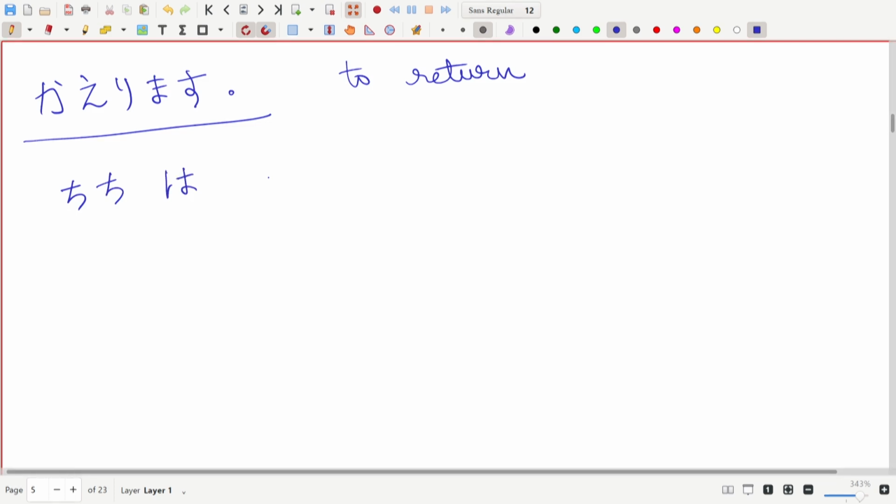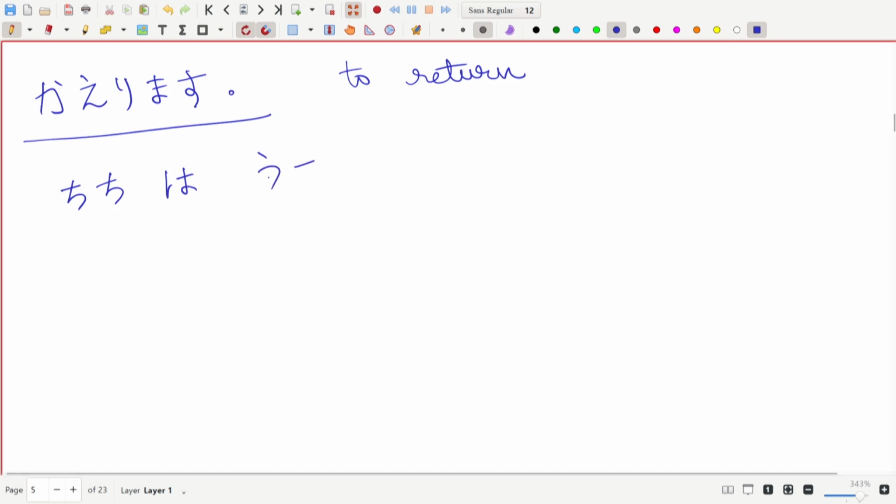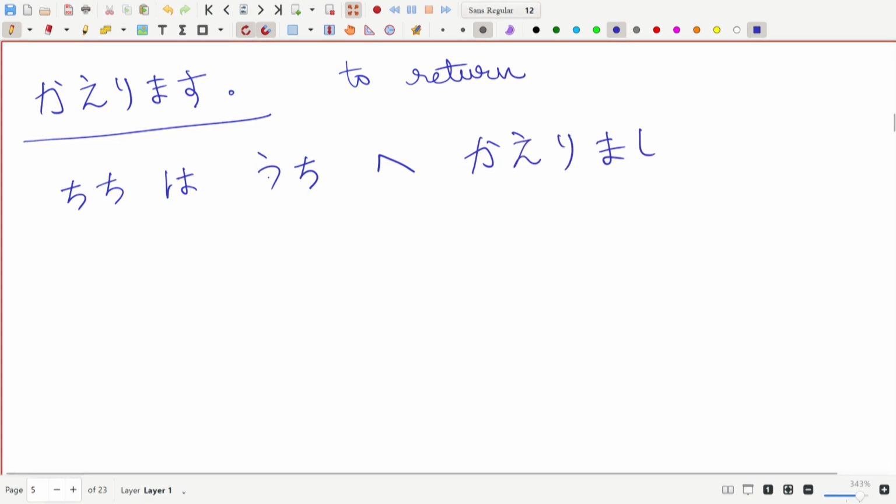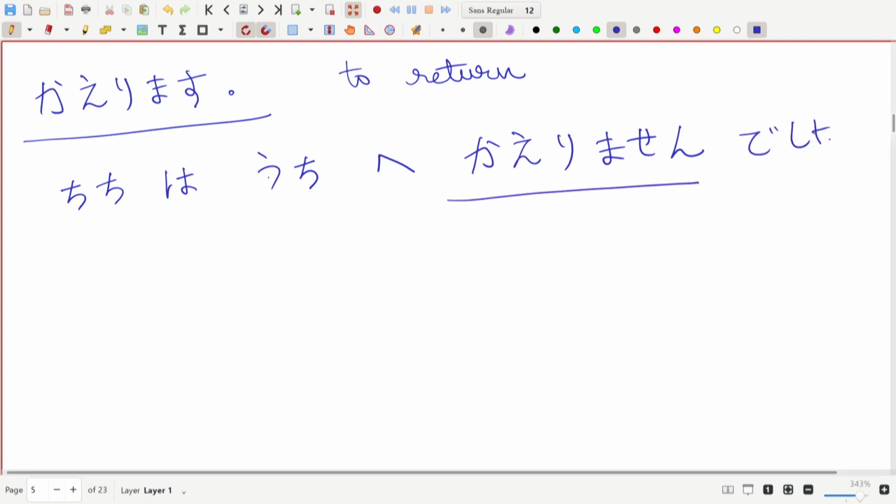Chichi wa uchi e kaerimasen deshita. Kaerimasu will change first into the negative kaerimasen and then the past deshita. Chichi wa uchi e kaerimasen deshita. So this is how we'll change any verb into past negative. Masu will change into masen and then we'll have to add deshita to make it past negative.